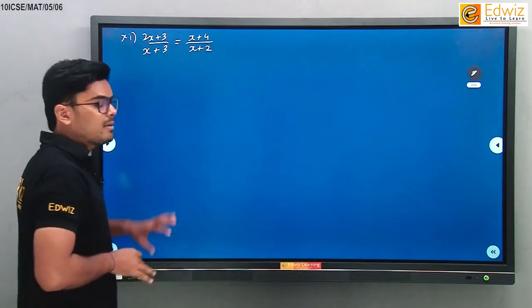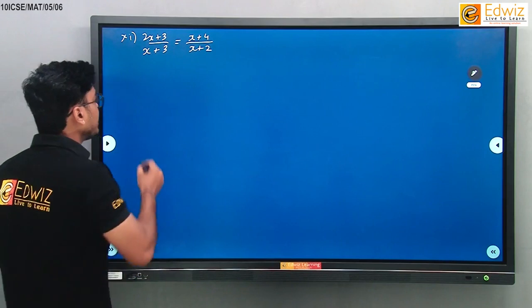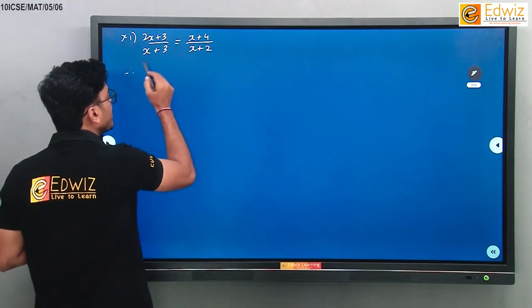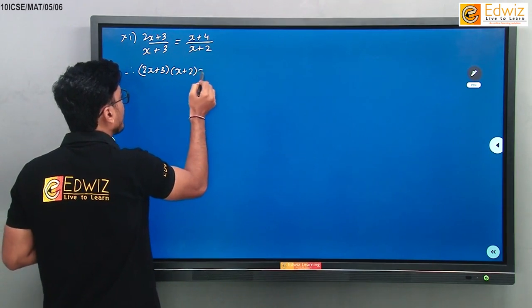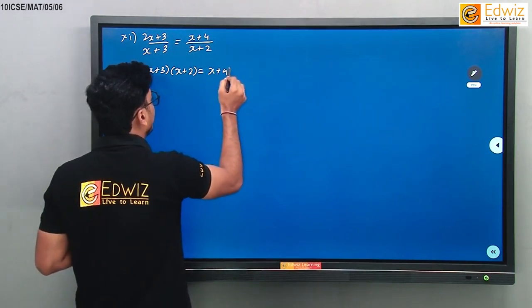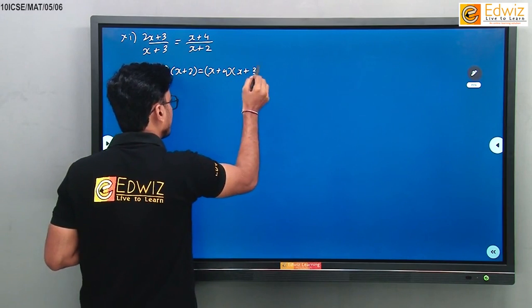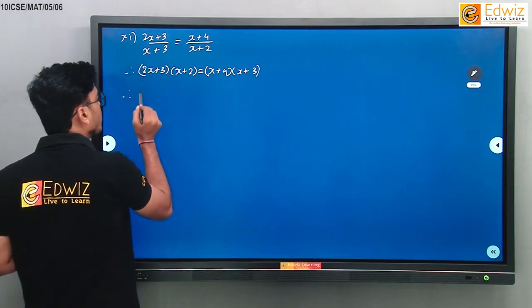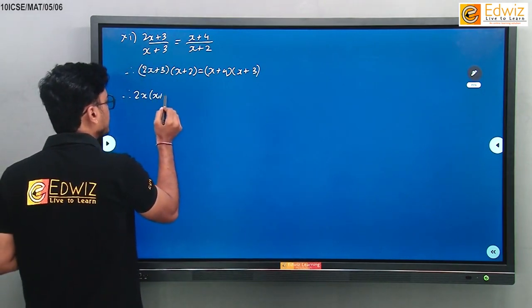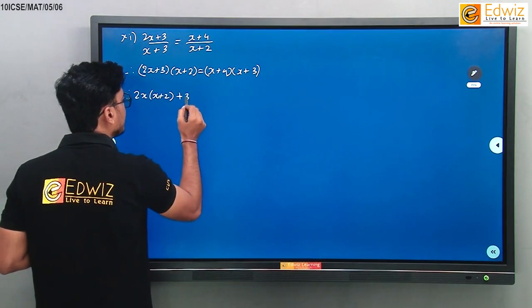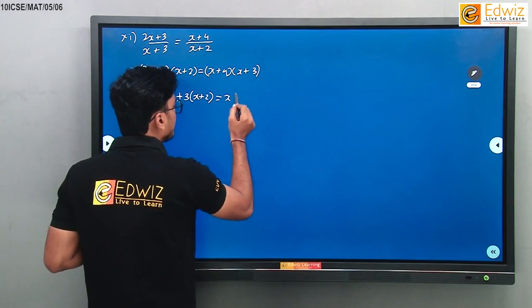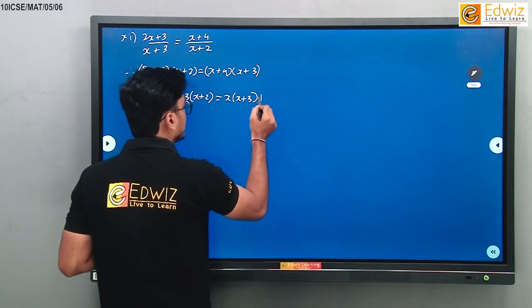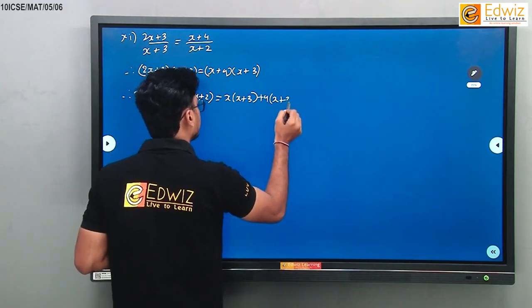Okay. Again, if we cross multiply them, we'll get the equation in its standard form. So 2x plus 3 multiplied by x plus 2, x plus 4 multiplied by x plus 3. Solve this. 2x multiplied by x plus 2 plus 3 multiplied by x plus 2, x multiplied by x plus 3 plus 4 multiplied by x plus 3.